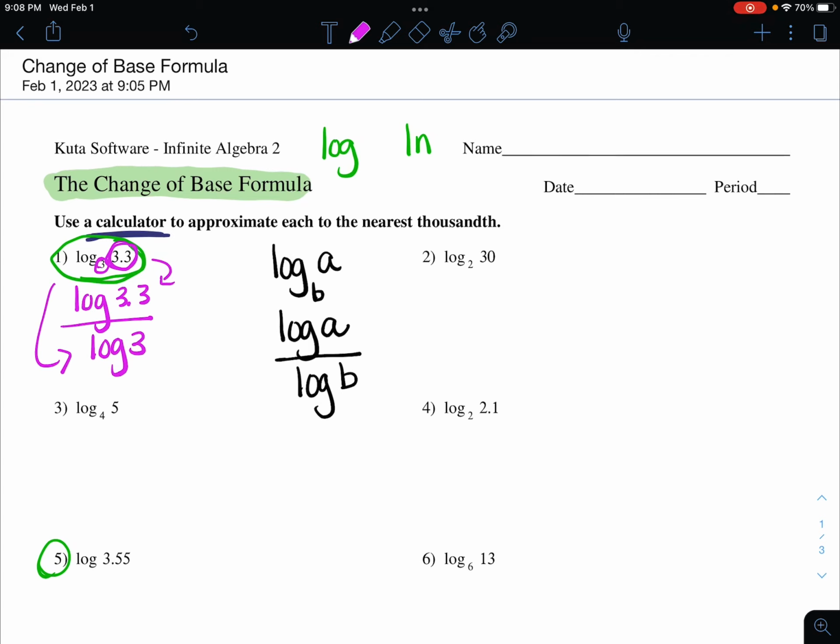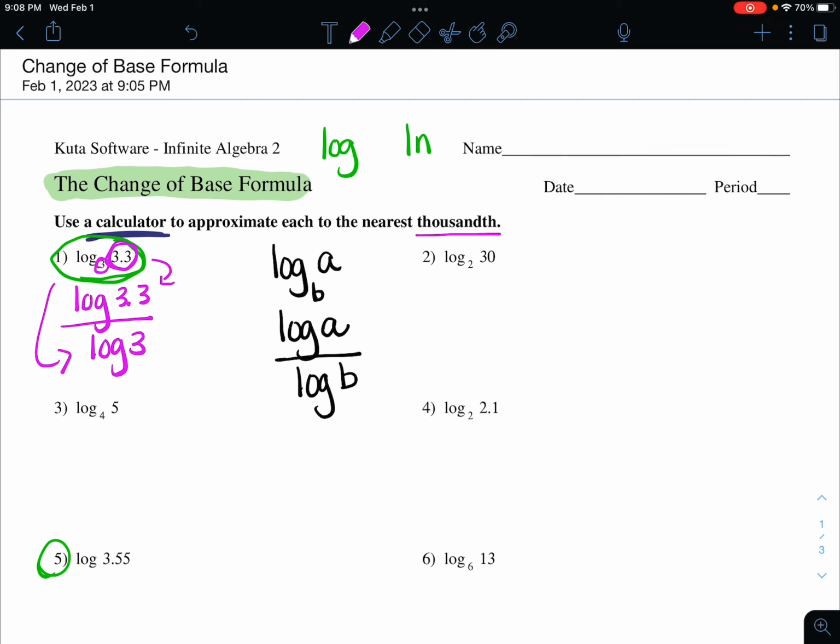I'm using my white calculator, so it's a little picky. Log of 3.3 over log of 3, yes.